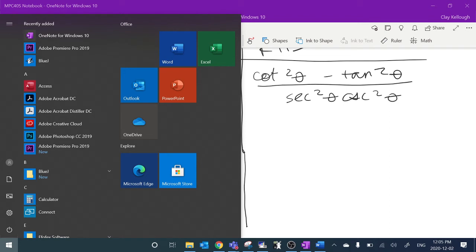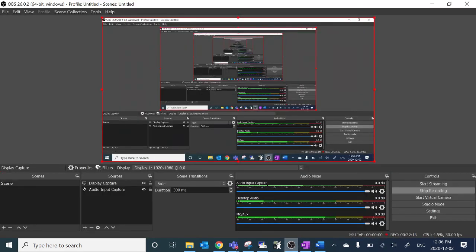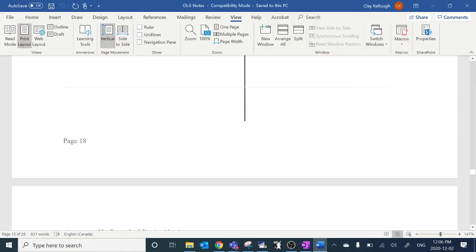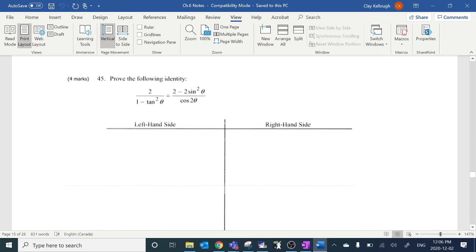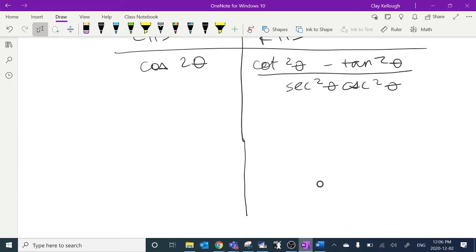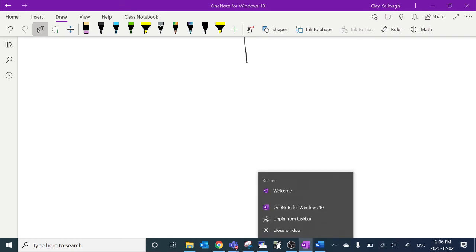Oh, wow. That's interesting. Okay, I don't need that anymore. There we go. And now I can go to here. Now you're looking at infinity windows. But I'm going to go to here, and I'm going to go to the next page. There we go. 45 is the next one. And I'm going to snip it. Snip, snip, and copy, and then go to my notes page. And nope, it doesn't work that way. Nope, it doesn't work that way. Why is it not working?